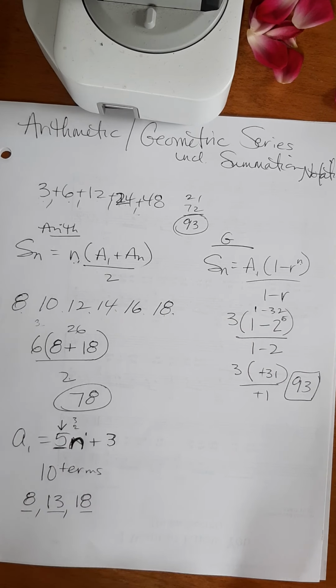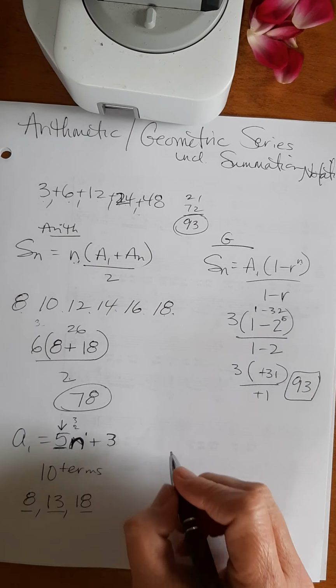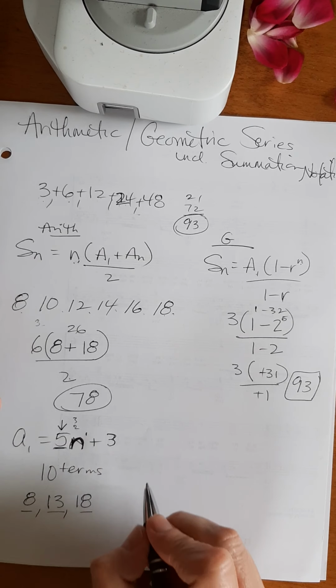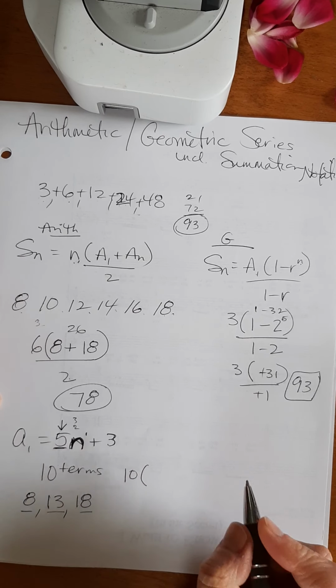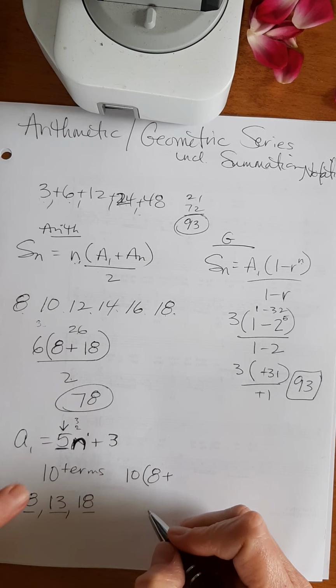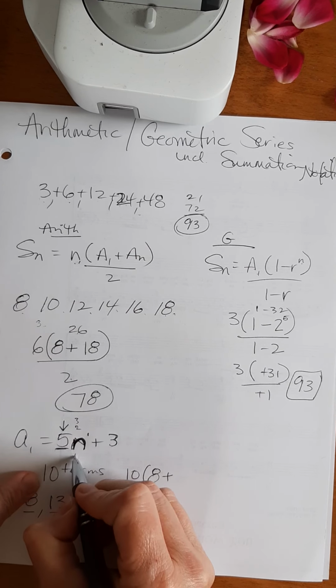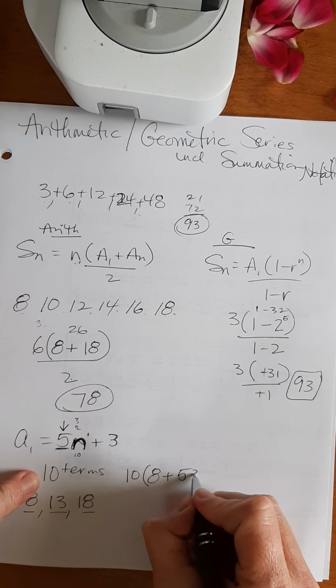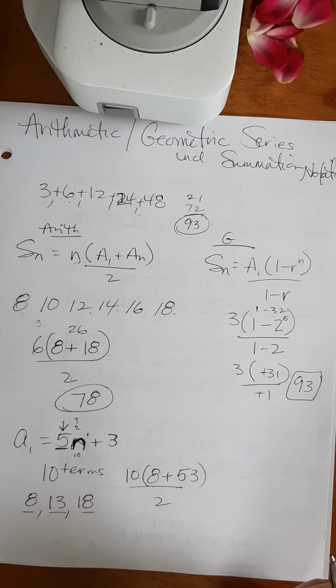So if you wanted to find the sum of the first 10 terms, remember, number of terms, 10. To find the first term, you just plug in 1 to get 8. To find the 10th term, you just plug in 10 to get 53. Divide by 2.